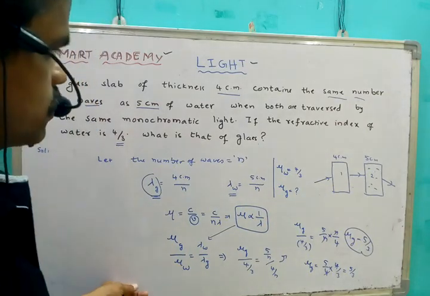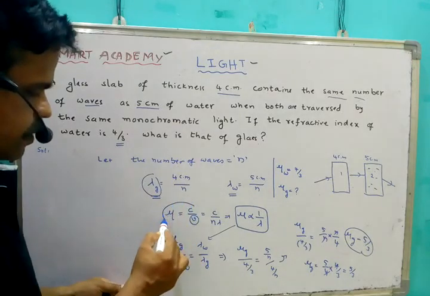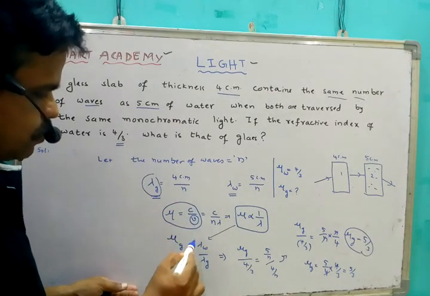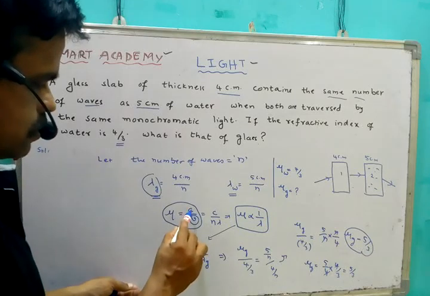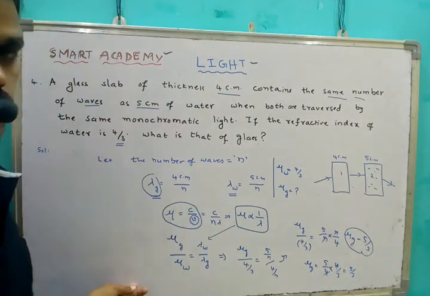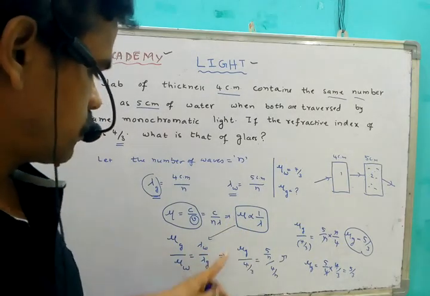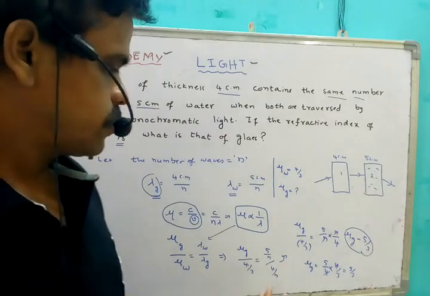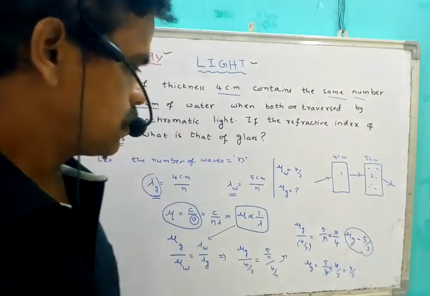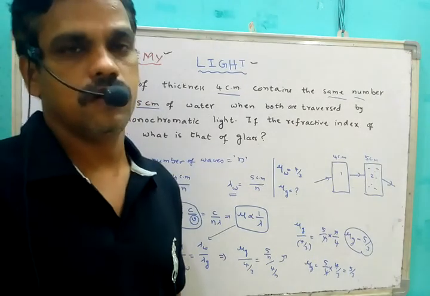It comes from the relation that refractive index equals c by v, where c is the light velocity in free space and v is the light velocity in a medium. From this relation we wrote the formula, substituted, and got the numerical value 5 by 3, which is nearly 1.66.